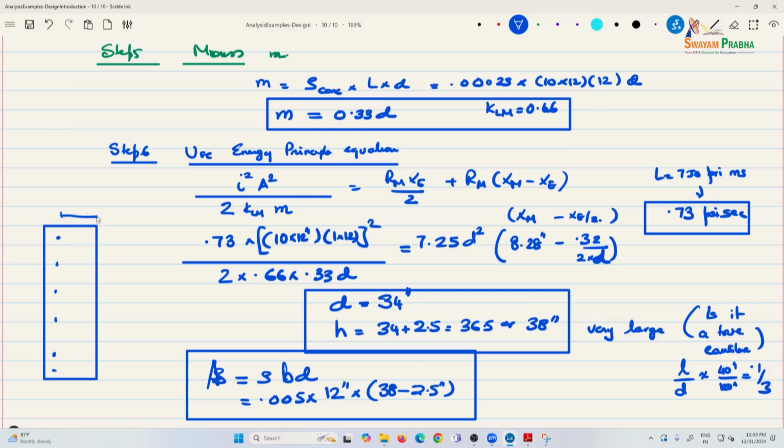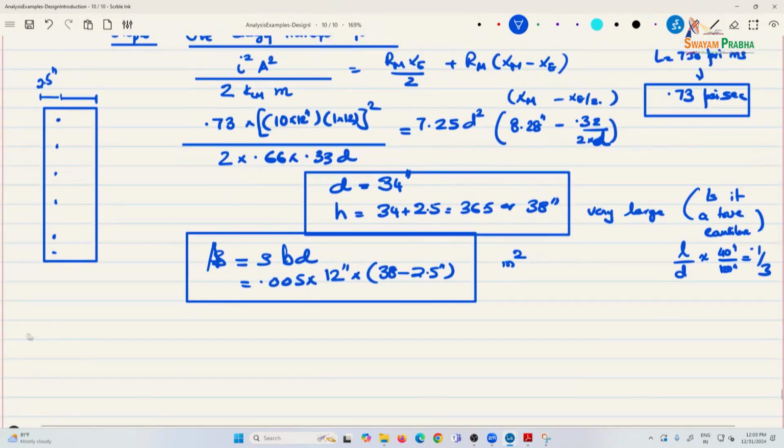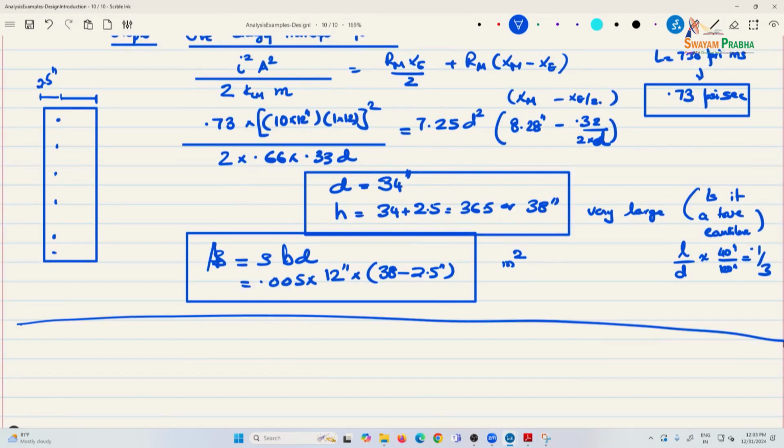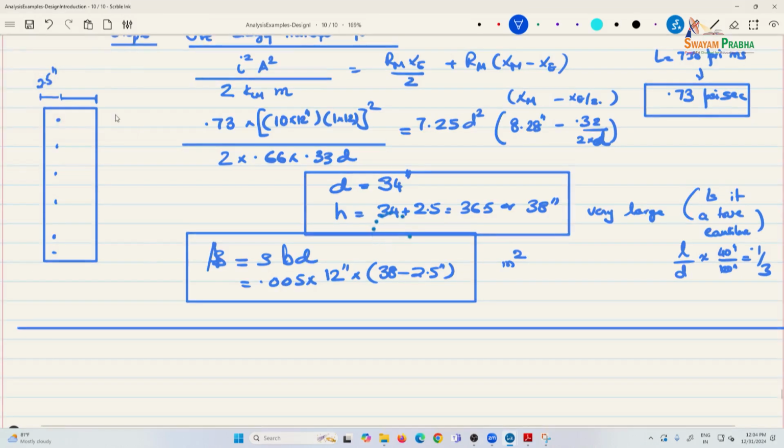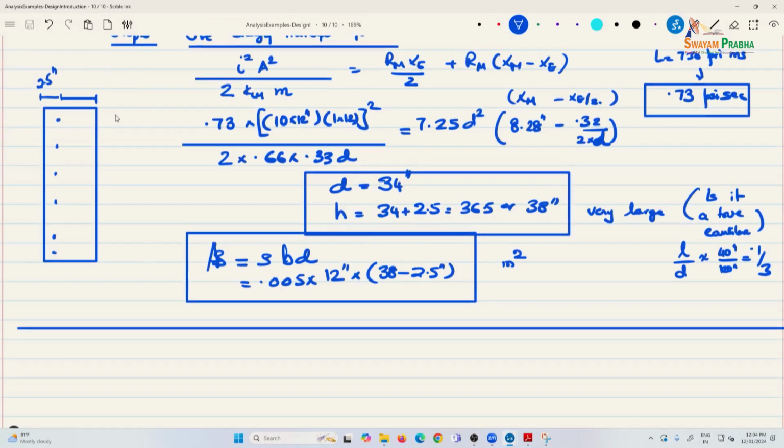This is H, and typically this comes to around 2.5. So you can calculate this in square inches. But it is high because impulse is high. So, this is one straightforward way.